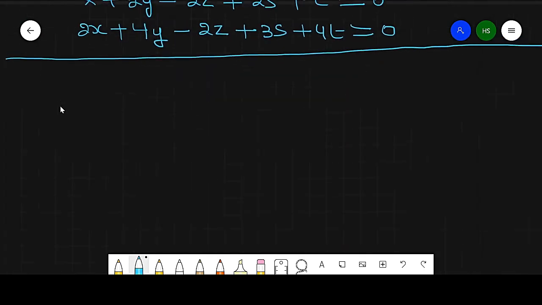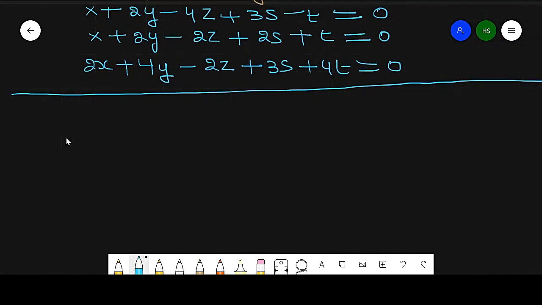So our first step is to convert this system of equations into matrix form.